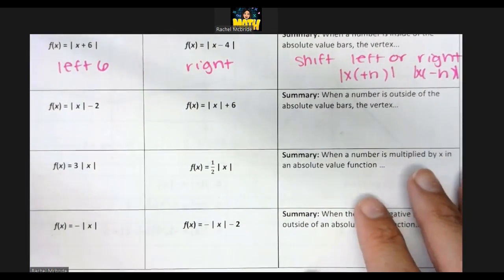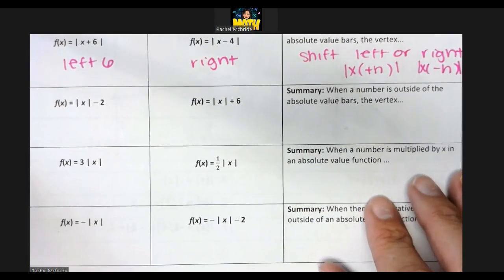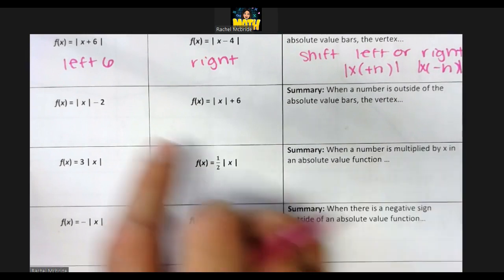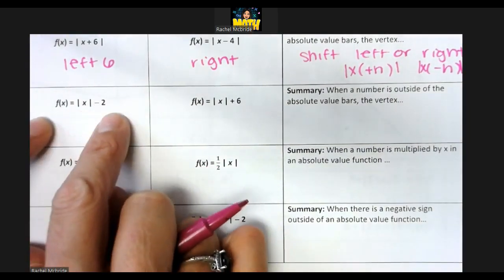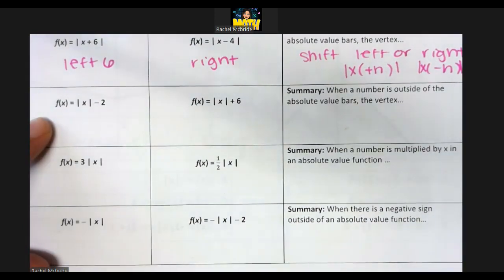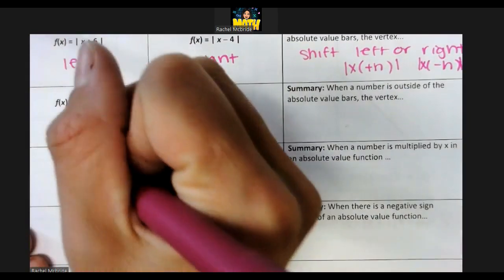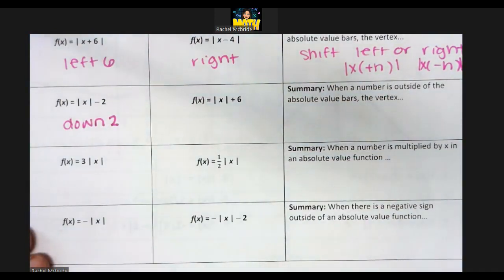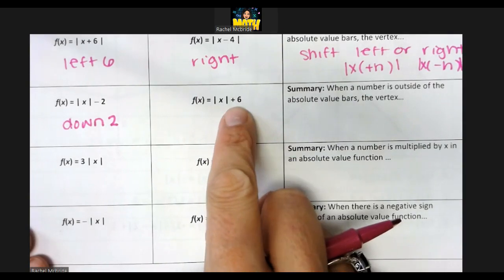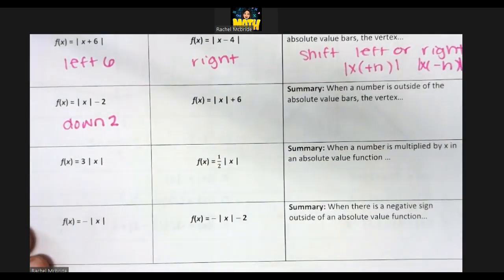All right, Lauren, next up. All right, Van, a negative 2 after the absolute value does what to my graph? Perfect. Next. Quite a few still. Okay, a positive 6 after the absolute value does what, Sophia?